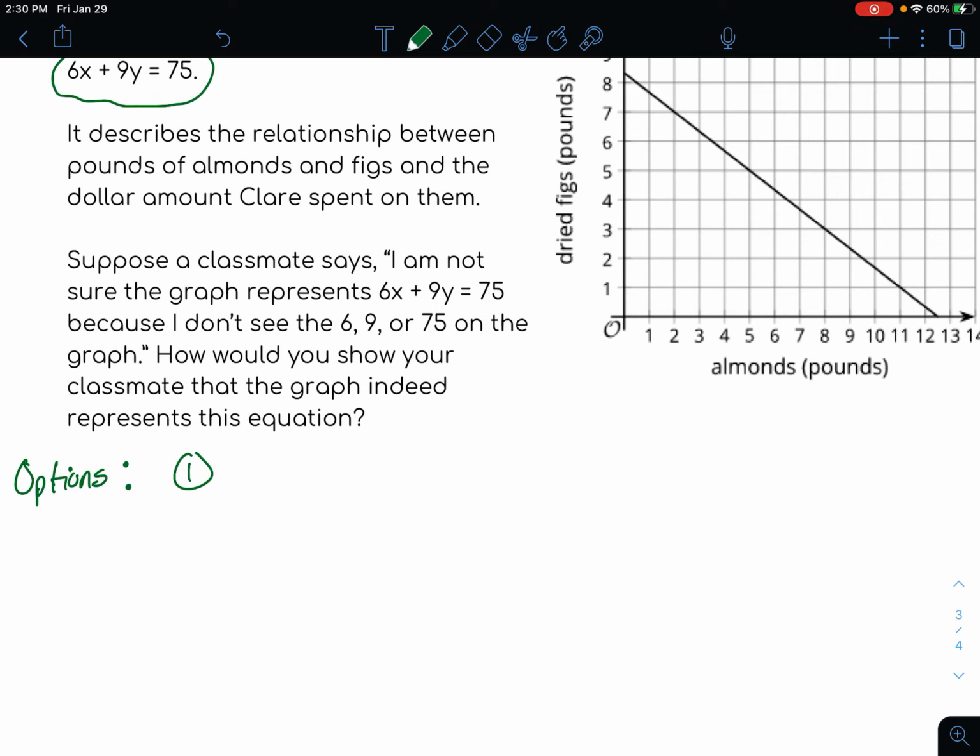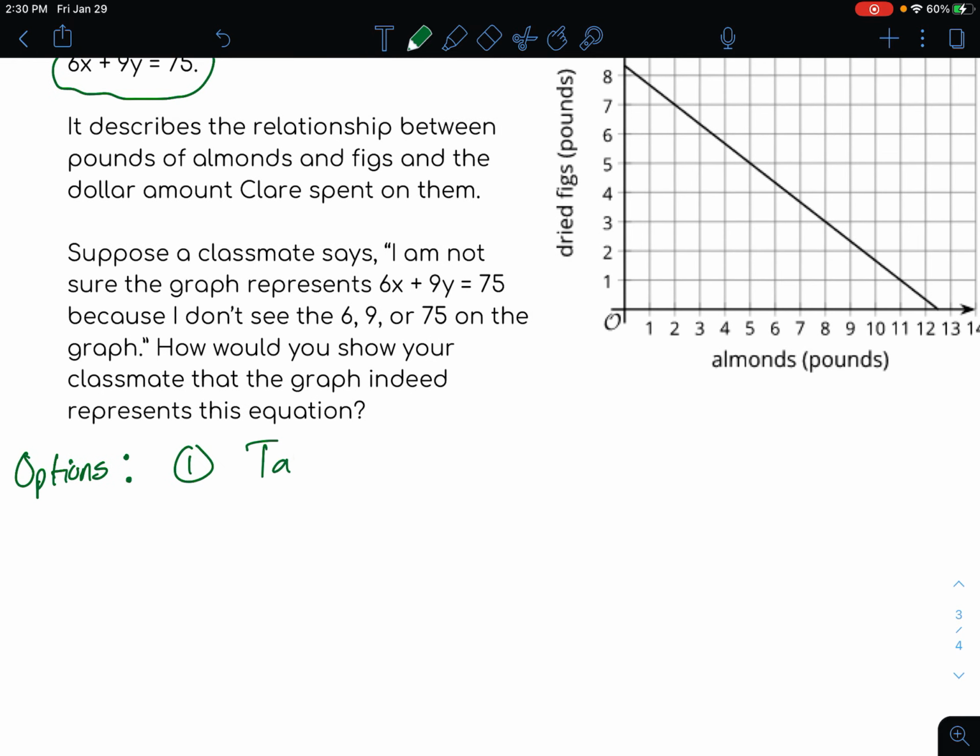And maybe we take a couple of those points to really emphasize that. This goes back to the beginning of the unit. If a point is on a line and it works, then that equation represents that particular line.